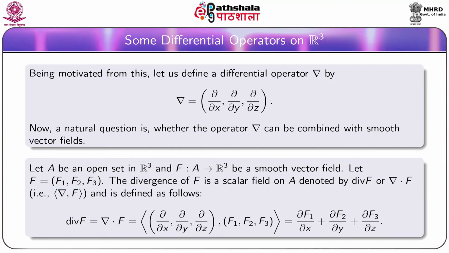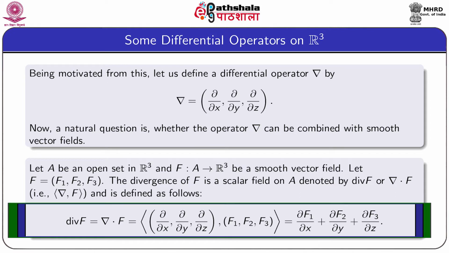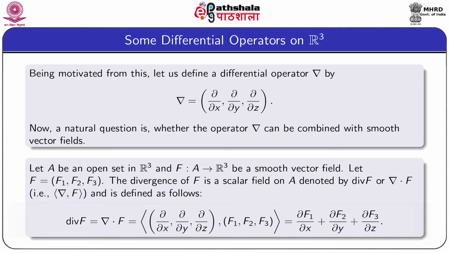The divergence of f is defined as a scalar field on A denoted by div f or nabla dot f, that is the inner product of nabla and f, and defined as follows. Divergence f equals the inner product of (∂/∂x, ∂/∂y, ∂/∂z) and (f1, f2, f3), which is ∂f1/∂x plus ∂f2/∂y plus ∂f3/∂z.